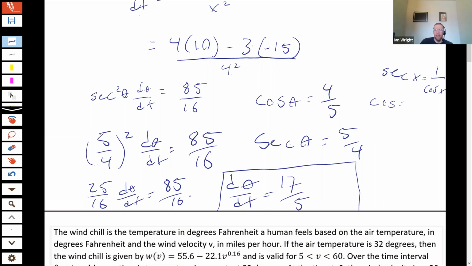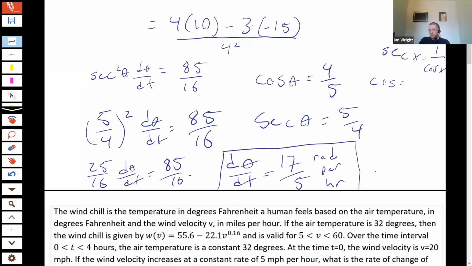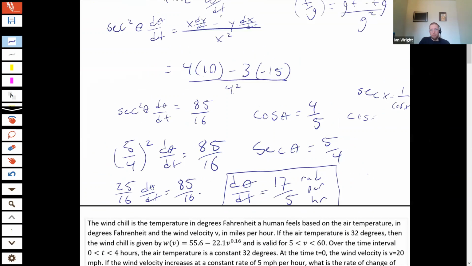Good, Eric. Yeah, radians per hour. So we know it's a rate of change, so we should have something per something. And if you said, like, 3.4 radians per hour, that's fine as well.